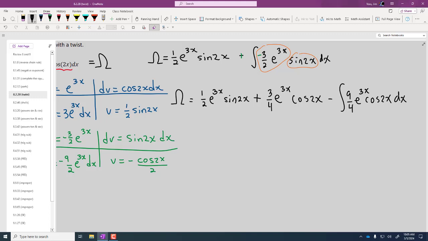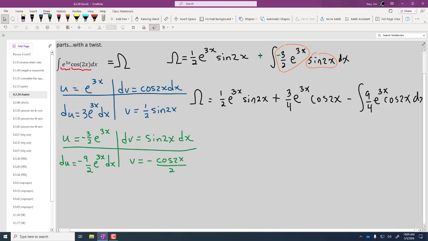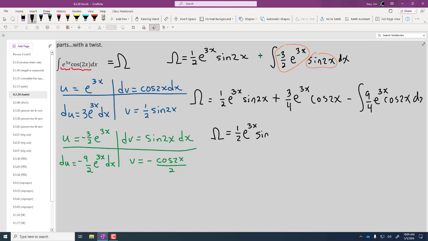And here's where we do our twist stuff. We see that that integral there matches the original integral. It's just a multiplier, a constant times the original. So this can be rewritten as, let's make sure that it's clear, we'll just rewrite this line with the one change before we do our twist.